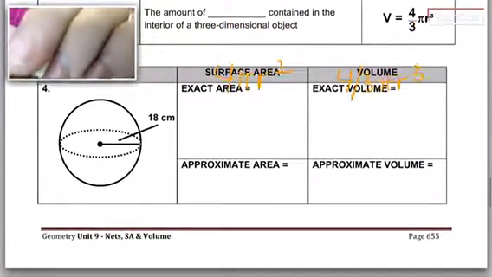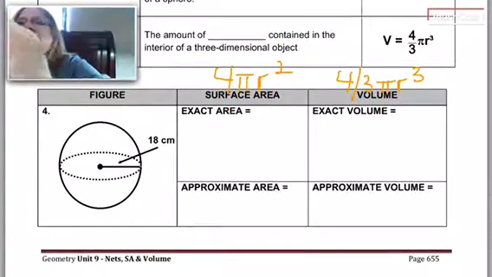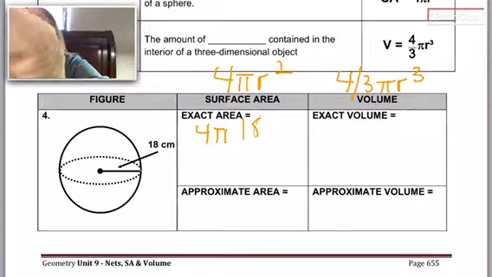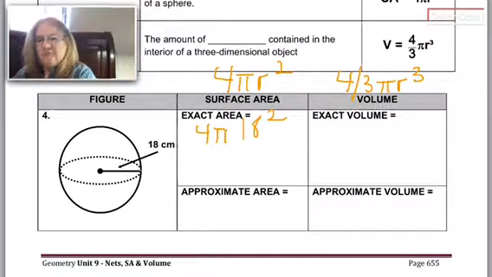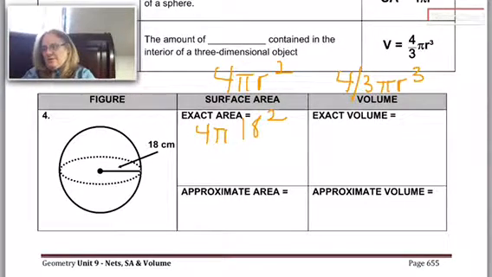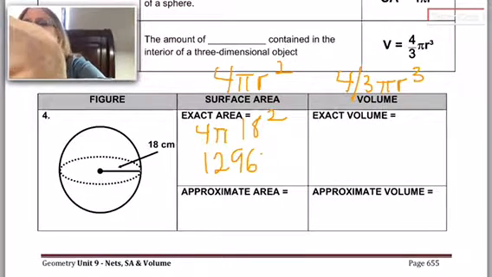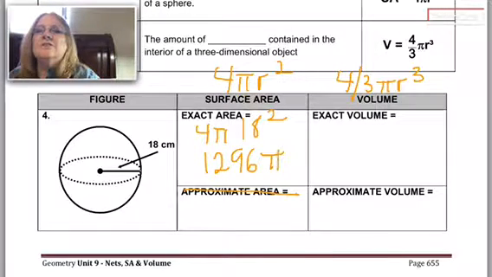All right, so the exact area here is you just have 4 times pi times 18 squared. And just use your calculator. 18 squared times 4 is 1296. So this is 1296 pi. I'm not going to worry about approximate. You could just put that in your calculator if you needed the approximate.